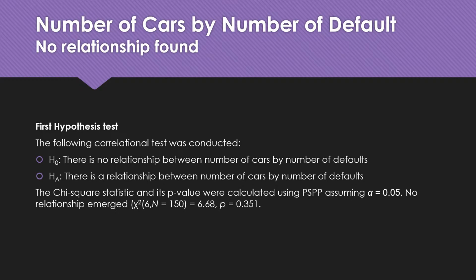So using PSPP, we conduct a test assuming alpha is 0.05, and we find that no relationship emerged because the p-value is 0.351, so it is greater than our alpha, meaning there is no relationship.